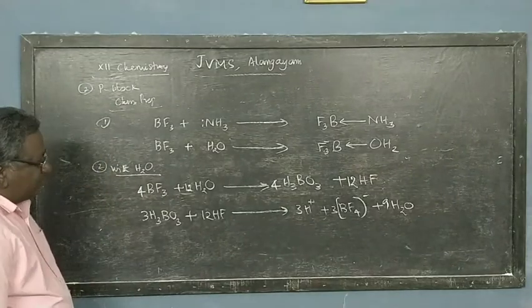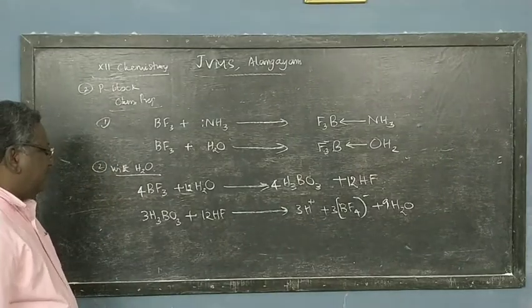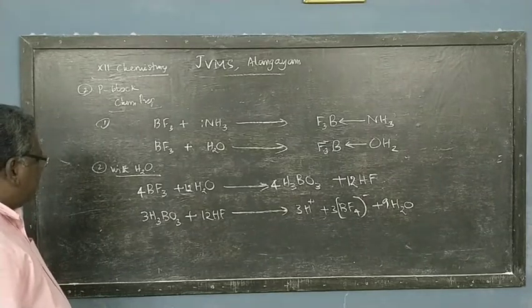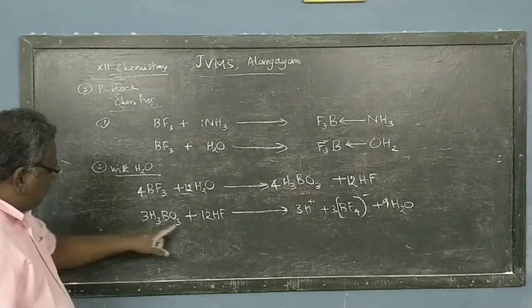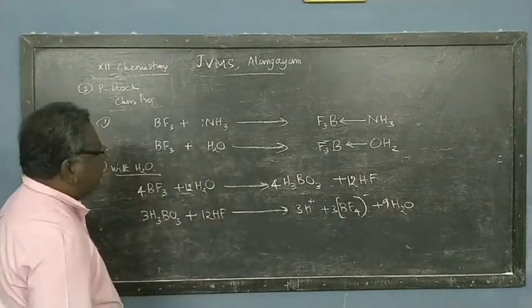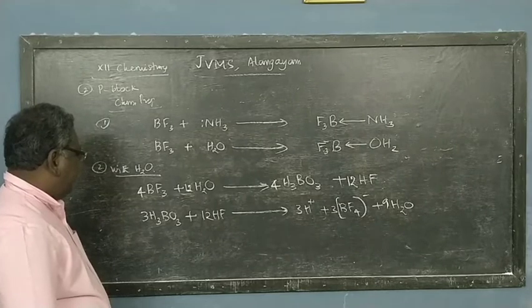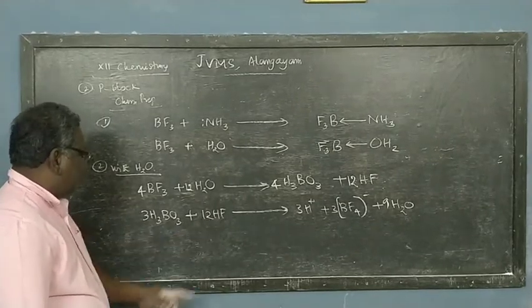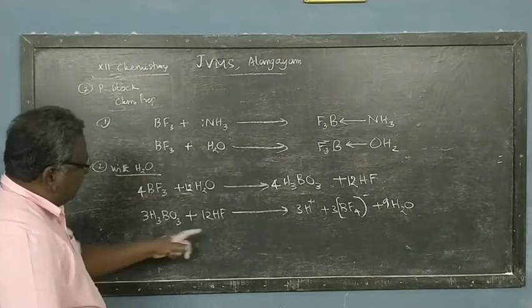Okay? So this sum needs to be balanced, right? So 3 into 3, 9 water molecules are produced. So 9 into 2, 18. Out of the 18, we have 3 into 3 here and 12 here. So 9 plus 12, 21.